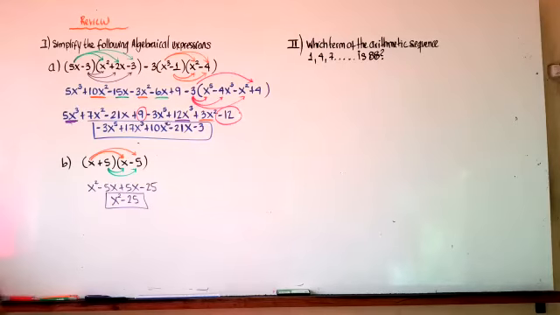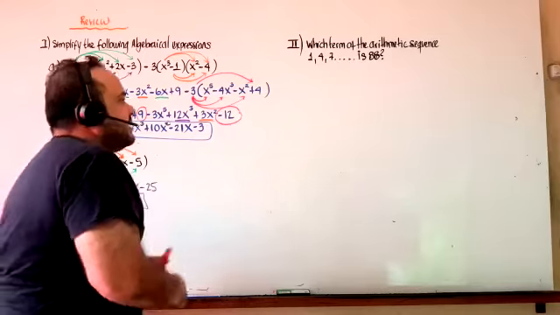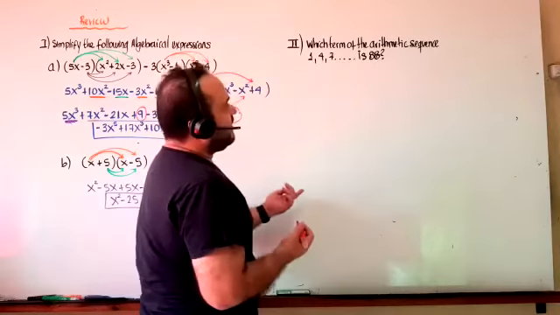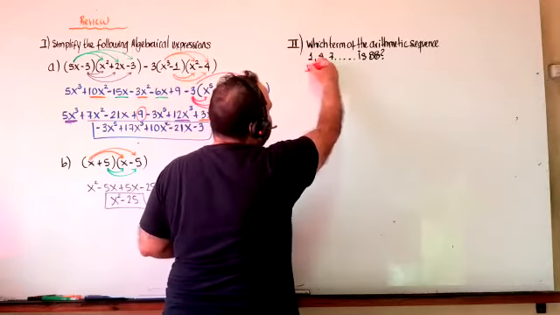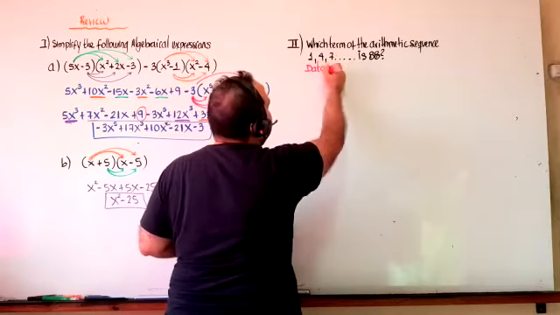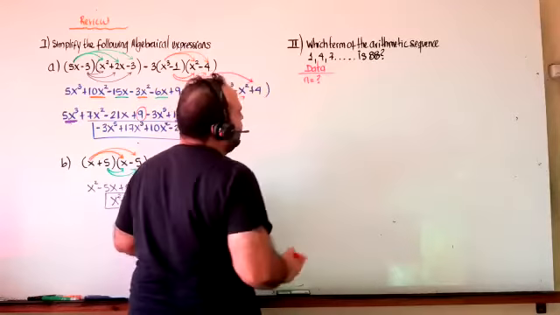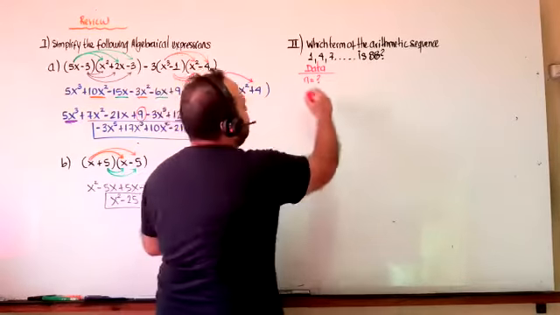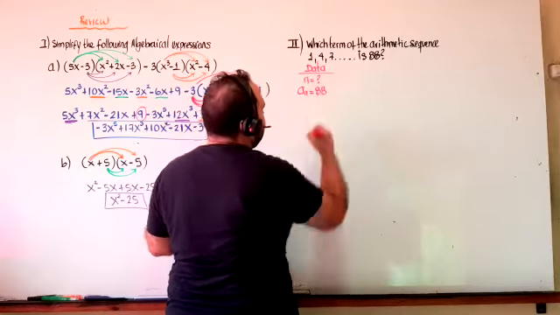When asking which term, my dear students, they're asking for the value of n. So first of all, we can write the data. They're asking for the value of n, where an equals 88.